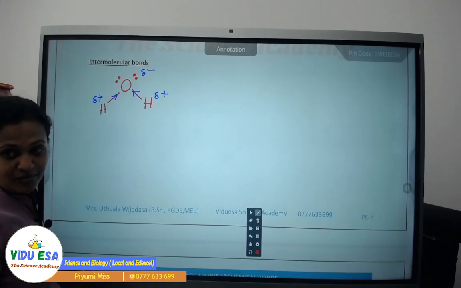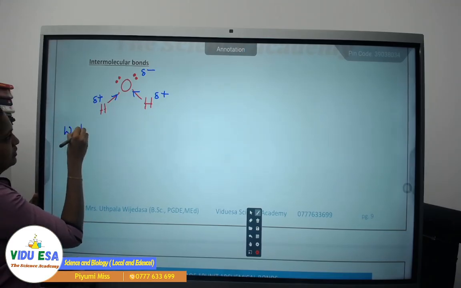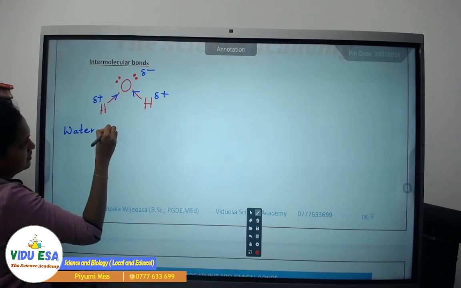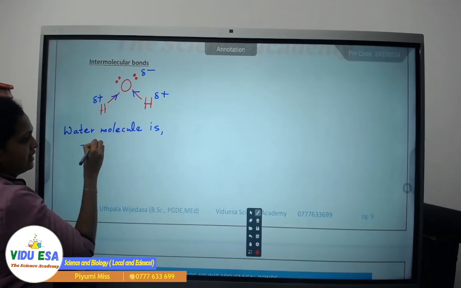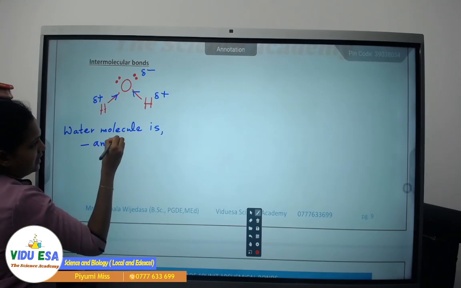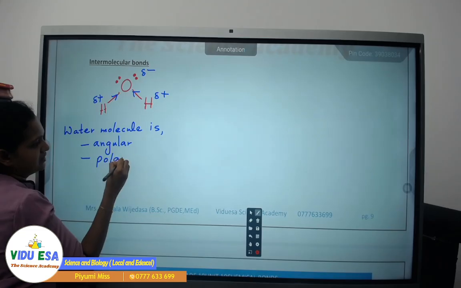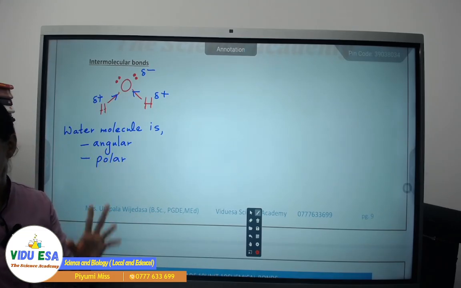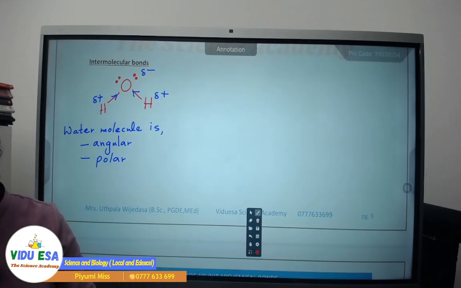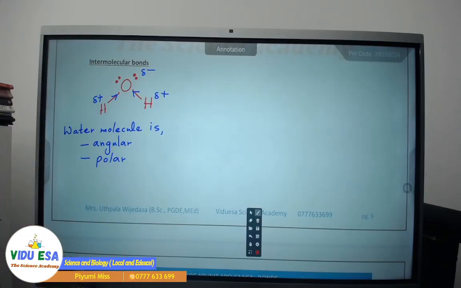Therefore the water molecule is angular and also it is polar. There is a polarity. Now there are the charges like this on the oxygen atom and the 2 hydrogen atoms.